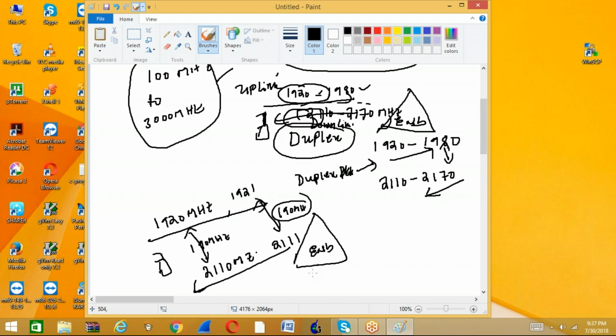In the same way, if I use 1920 in the uplink and 2110 in the downlink, I maintain some distance, so there is no interference. For that reason, we get this gap. If I use 1980 plus 190, how much will it be? 2170.